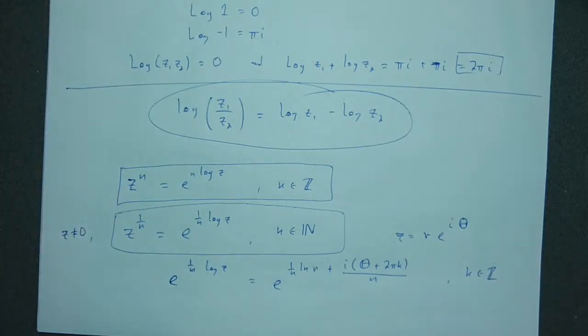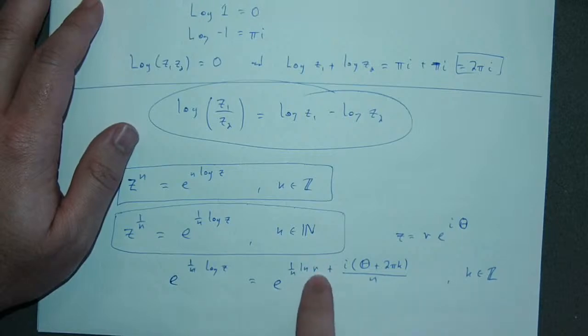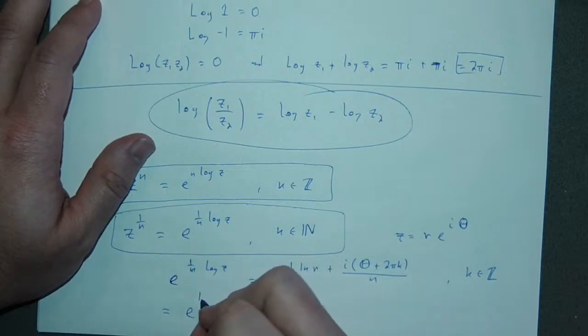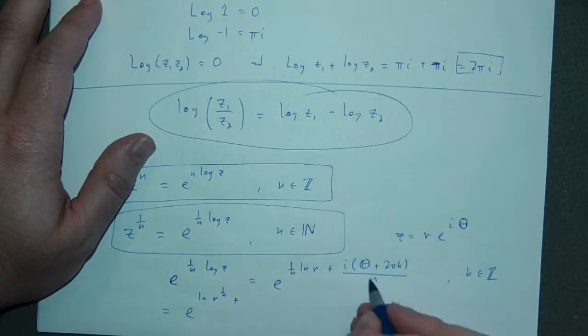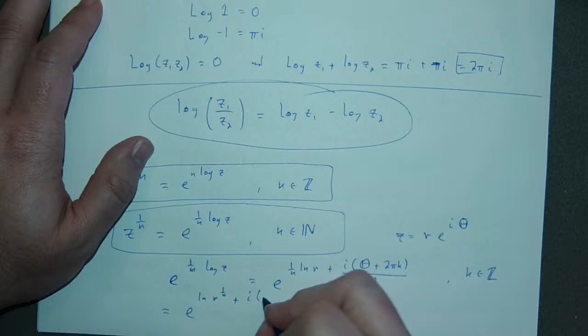But then, what is this? e to the 1 over n times natural log of r. I can move the 1 over n to the exponent of r. So this is e to the natural log of r to the 1 over n, plus this expression, i times capital theta plus 2 pi k over n.